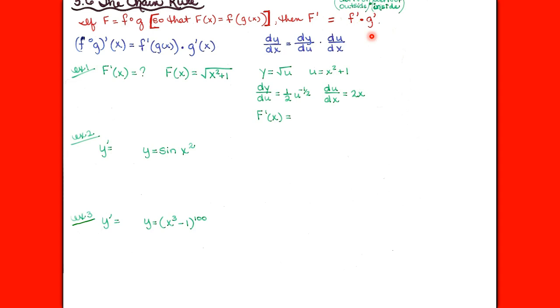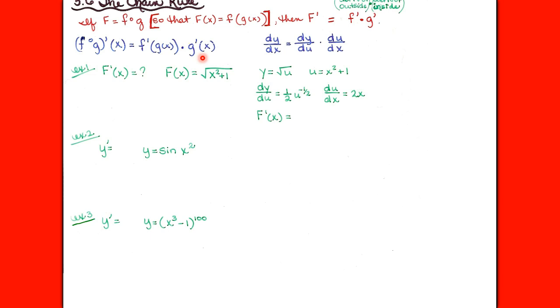More specifically, you take the derivative of the outside function f, with g of x sitting inside of it, and then you multiply that times the derivative of g of x.